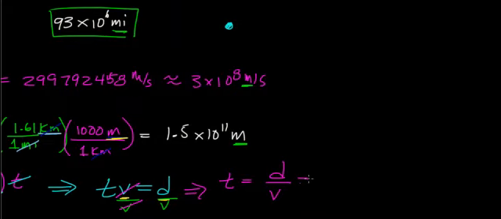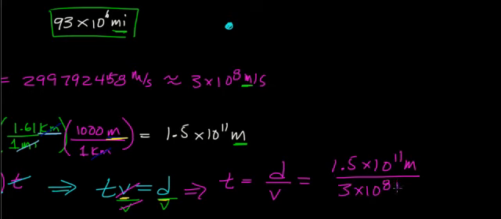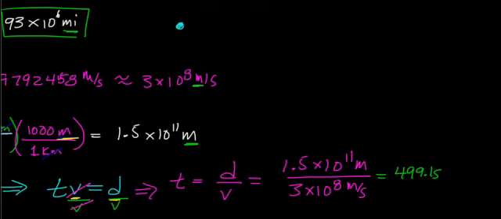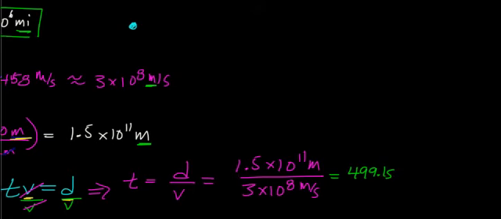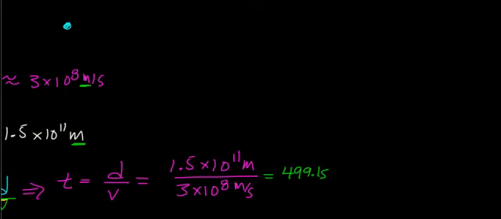We know that the distance light has to travel is going to be this 1.5 times 10 to the 11th meters. And we know that the speed with which light is traveling is 3 times 10 to the 8th meters per second. Now, when you do this in your calculator, you should get 499.1 seconds.